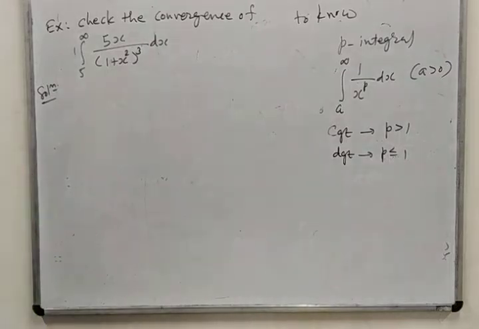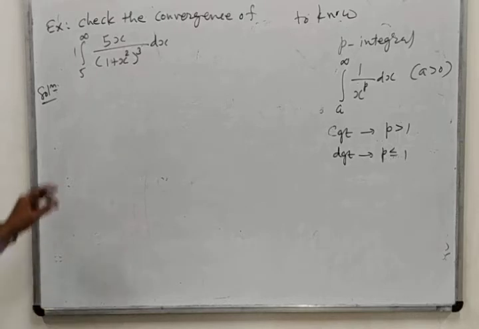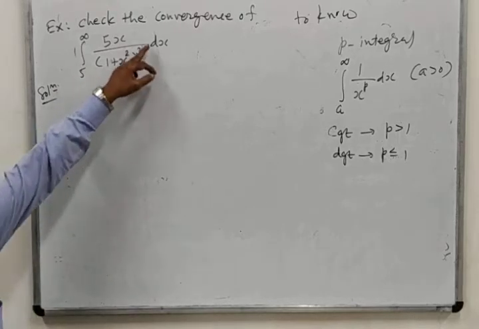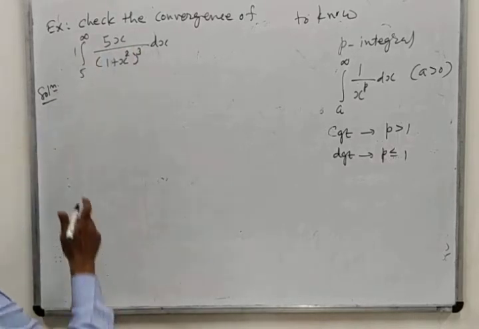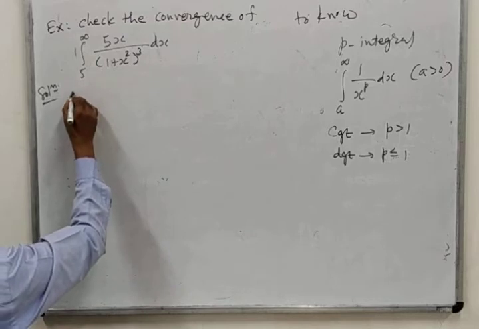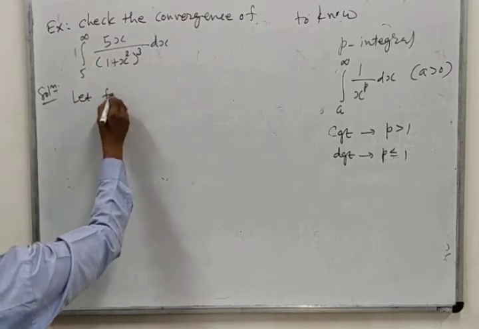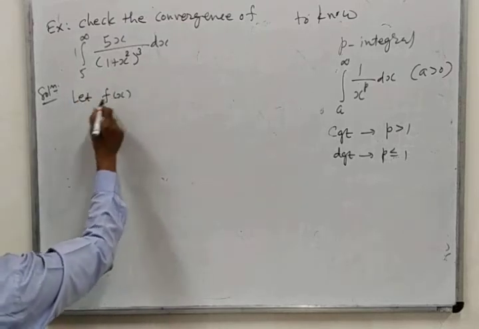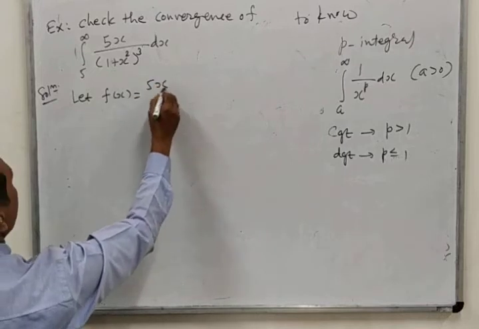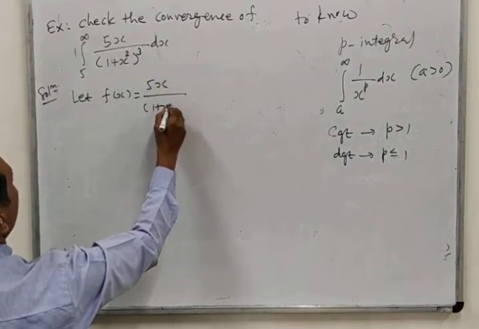Okay, so here again you can see that the integration is slightly difficult. If you don't know the integration, then you can assume, you must write down, let f of x equal 5x upon (1 plus x square) whole cube.